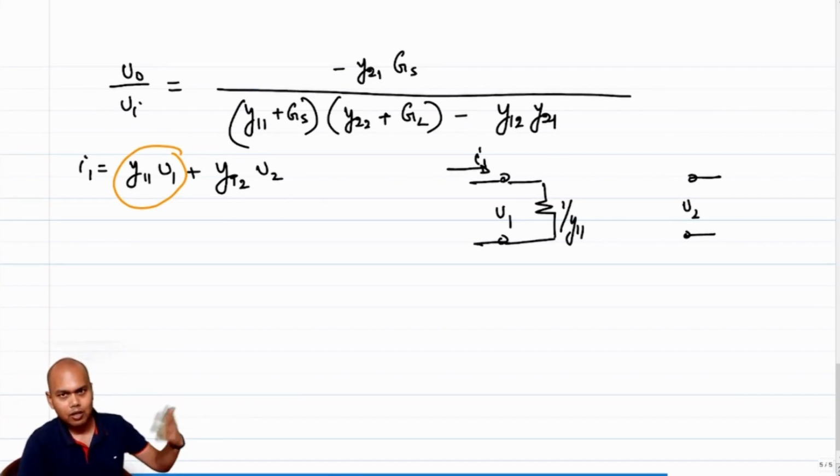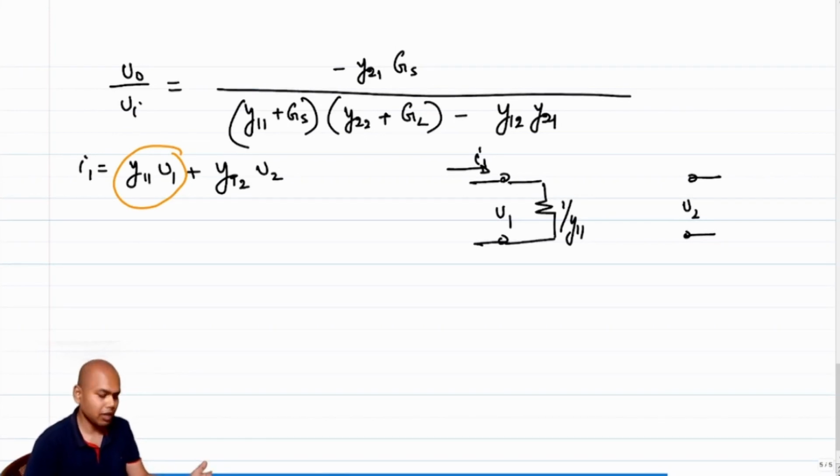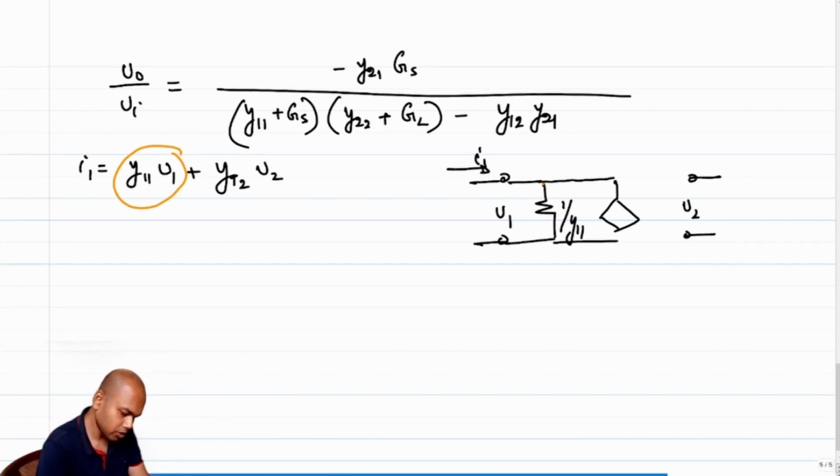So what type of element do you think will represent such a behavior? It's a voltage controlled current source, right? It's a transconductance. So what is the voltage controlled current source telling us here? This essentially will be a voltage controlled current source whose control terminals will be somewhere else, that is V2, and the current through it will be y12 times V2.